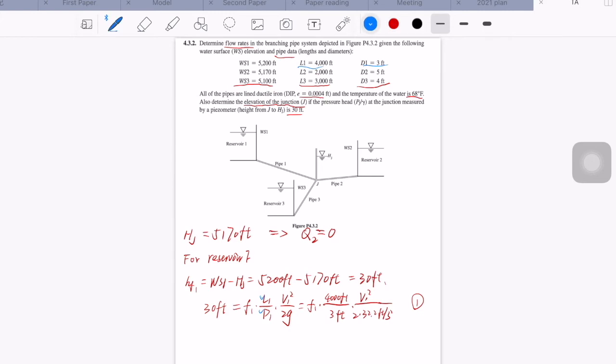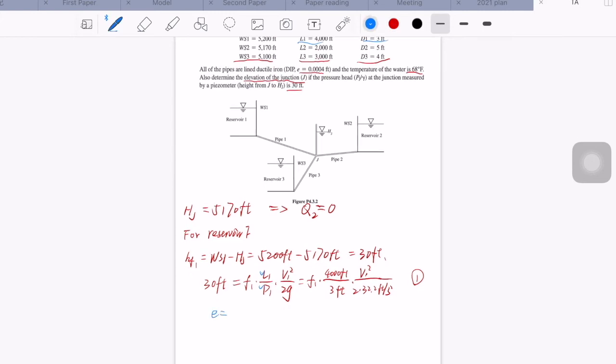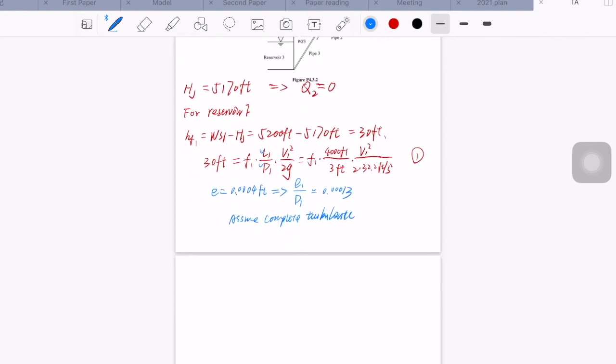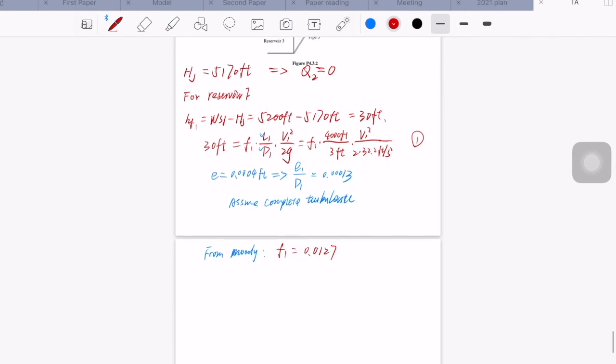And we also know epsilon equals 0.0004 feet. So we can find the relative roughness equals 0.0013, and we assume complete turbulence. So from the Moody diagram, we can find that f1 equals 0.0127. And now we can calculate equation 1, and we get the velocity equals 10.78 feet per second.